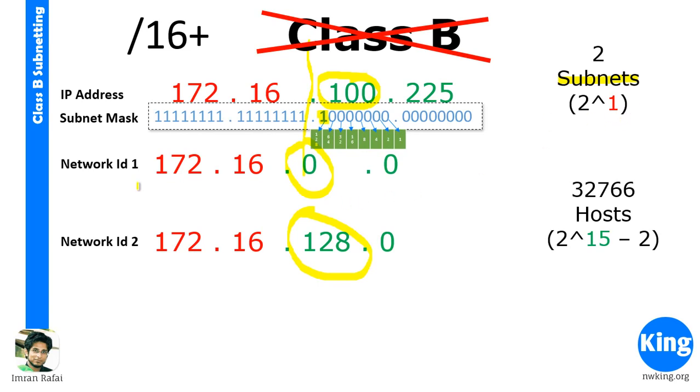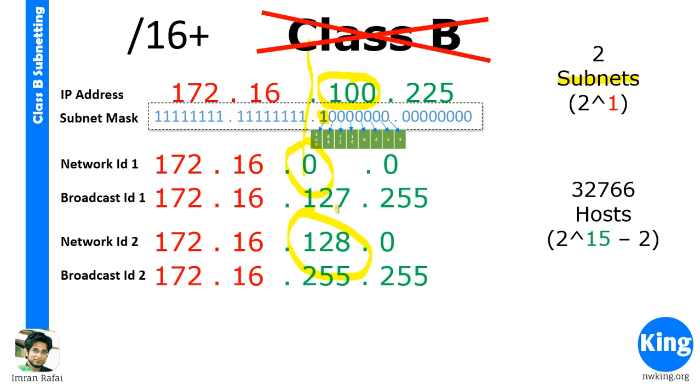How do we get the broadcast ID? Broadcast ID is 1 minus the next network ID. So 1 minus 128.0 is 127.255. Remember the digital clock. 1400 hours minus 1 second is 1359.59.